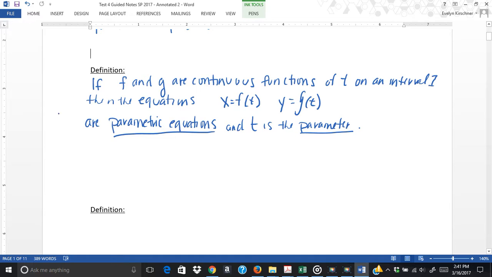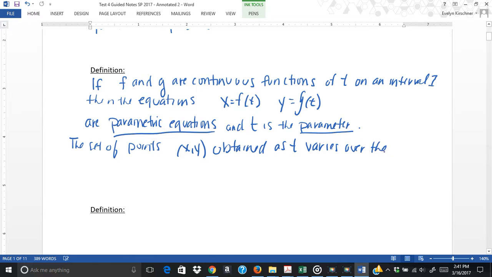The set of points x, y obtained as t varies over your interval is the graph of the parametric equations.